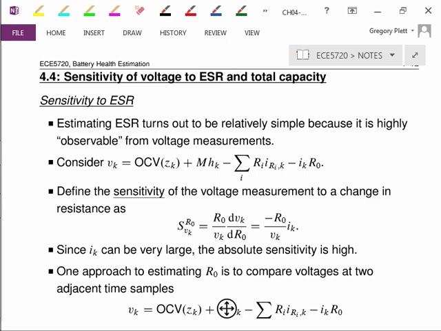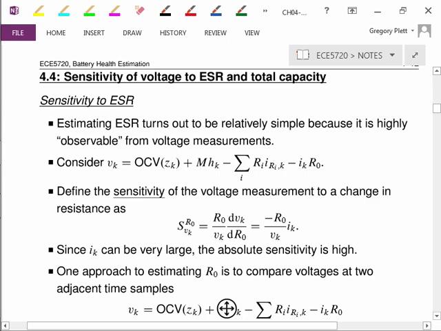But there is no such simple way to estimate capacity, and we really want to understand why that is. Why is it easy to estimate resistance, and why is it hard to estimate the total capacity of a battery cell?